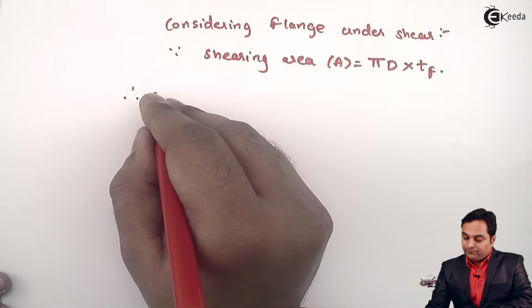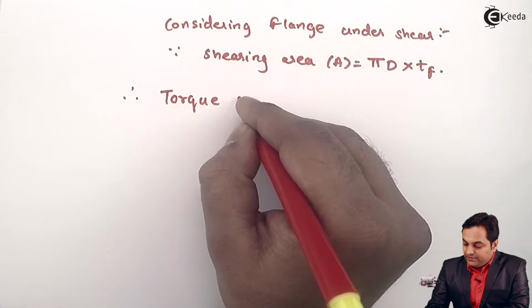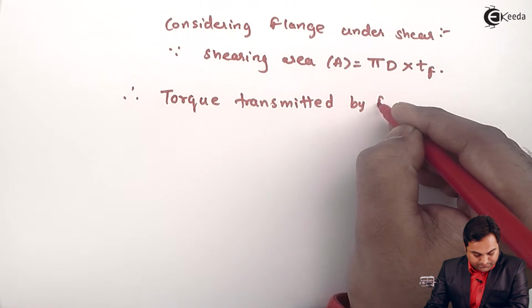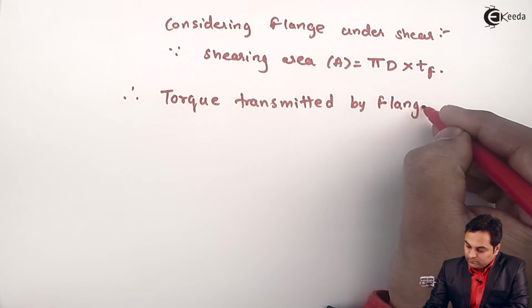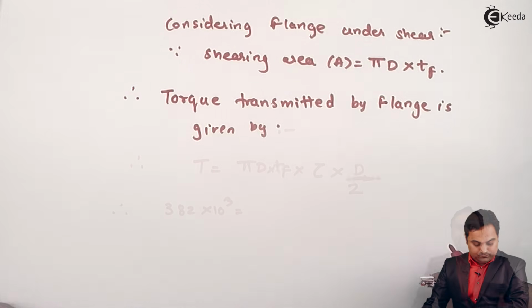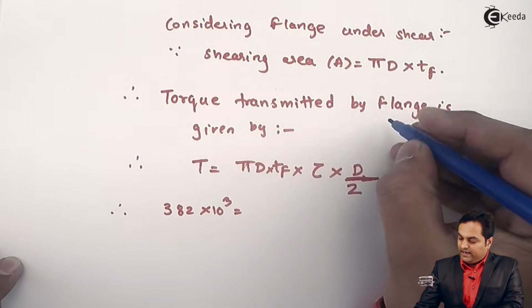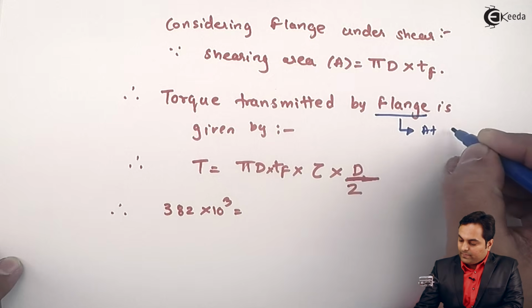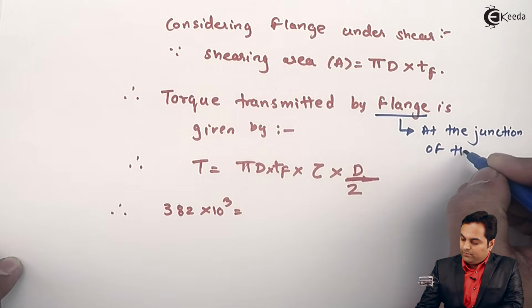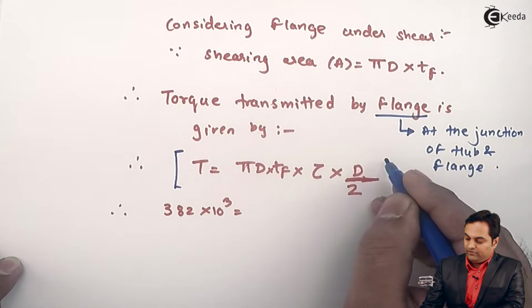So after this, the torque transmitted by the flange, at the junction of hub and flange, is given by the formula I have written here.